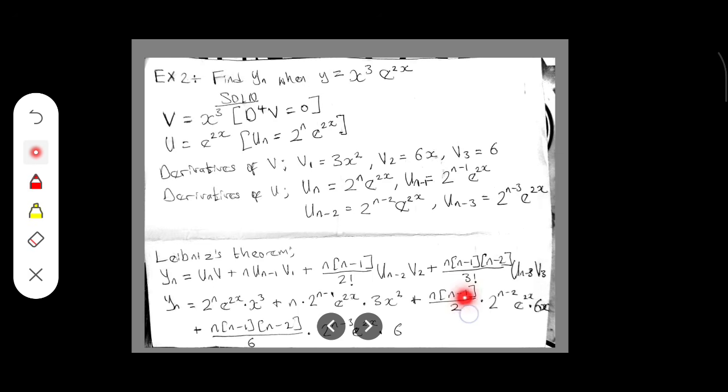And for the third term, I have 2 in the denominator here. This 2 can cancel out 6, so we'll be left with 3. The exponential 2x cancels out. Now for 2 raised to the power n minus 2, the remainder factor will be equal to 2. So I have 2 times 3 times n minus 1. Let me check.